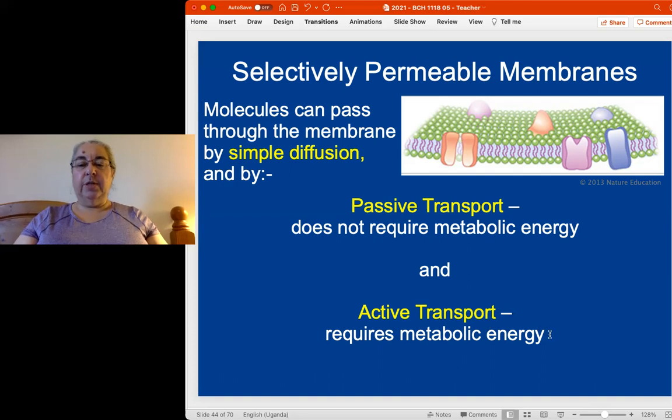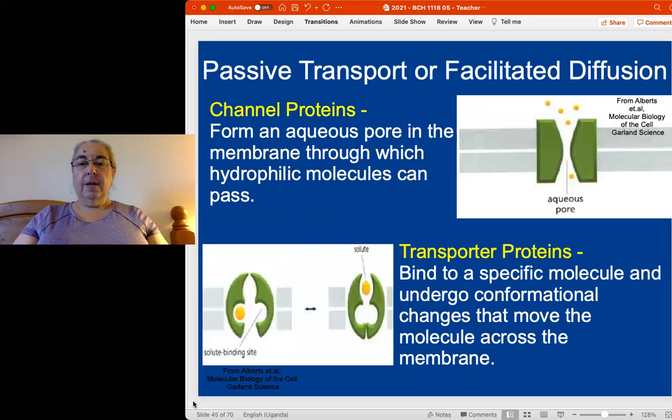Active transport does need metabolic energy. So passive transport is sometimes called facilitated diffusion because, just like diffusion, it moves molecules from an area of high concentration to an area of low concentration.